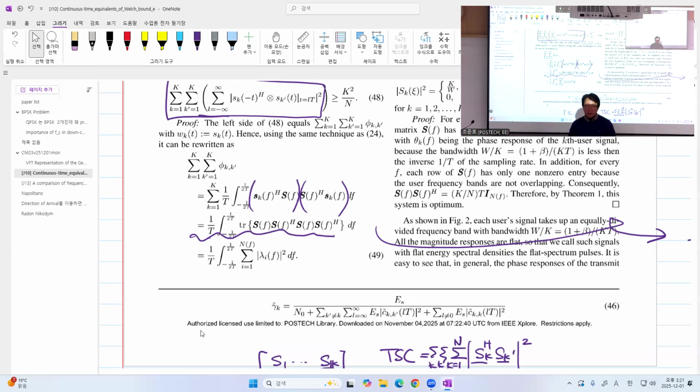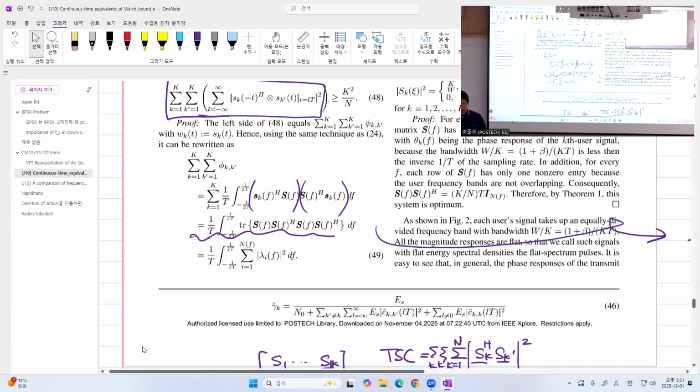Do you want to have very complicated receiver? Or you may design FDMA type system that has no other interference except its self-interference. That was the implication of this paper. And when I presented this result in the conferences, people just said, very interesting. The problem is that still it's too theoretic, as you see.